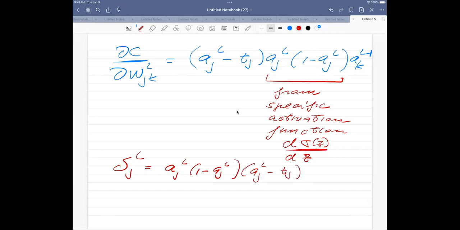If we look closer at it, this would be the same as the derivative of sigma, the activation function we've chosen. And this quantity here is in our case nothing but the derivative of the cost function with respect to the output in the final layer.